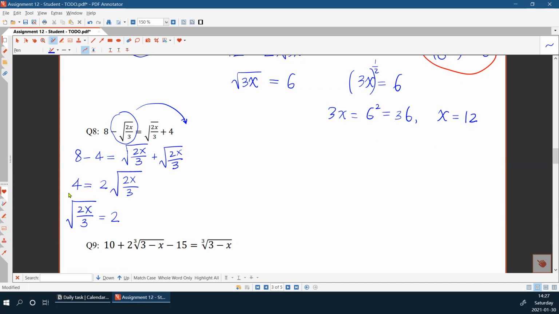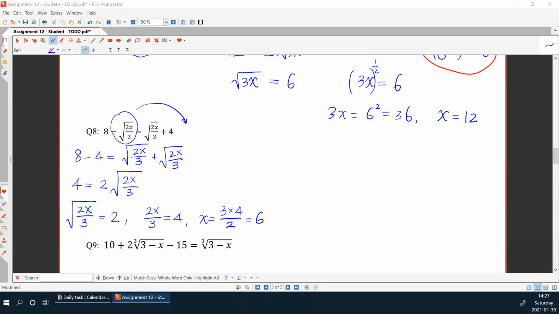And when the square root of something is 2, that means this term is actually 4, right? Because the square root of 4 is 2. Okay, this means x is 3 by 4 over 2, which is 6. Understand?